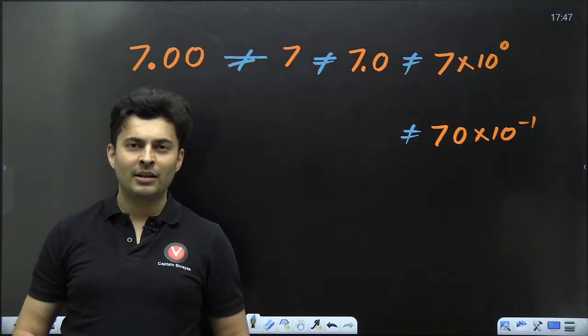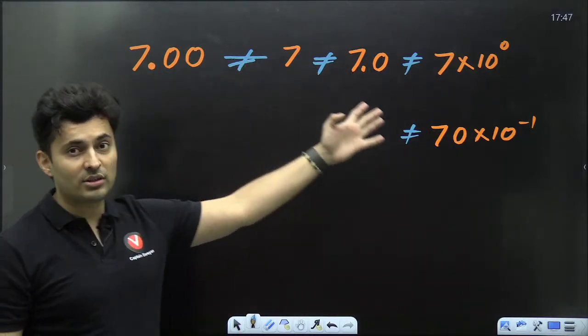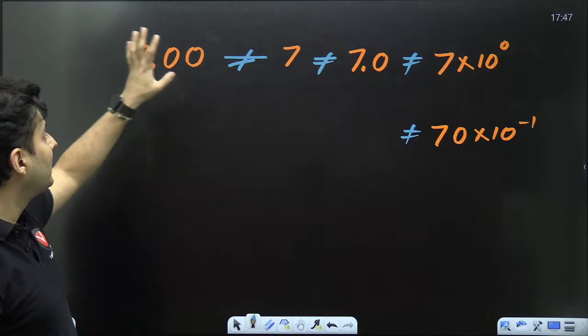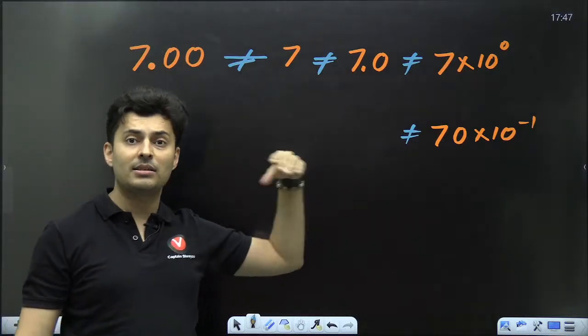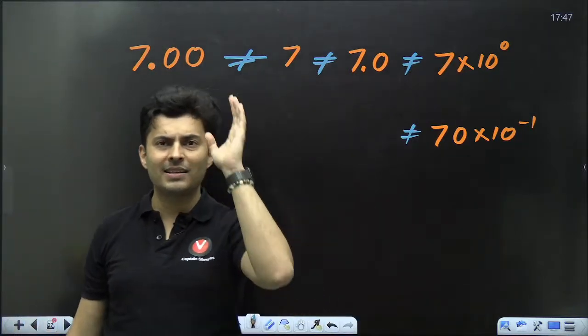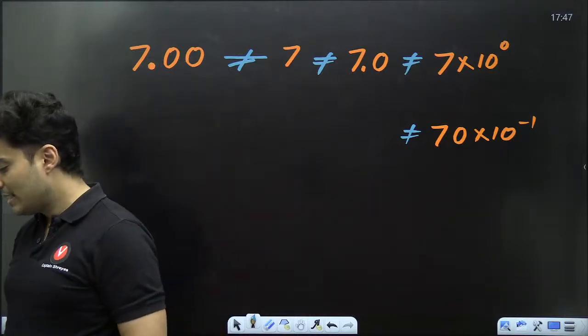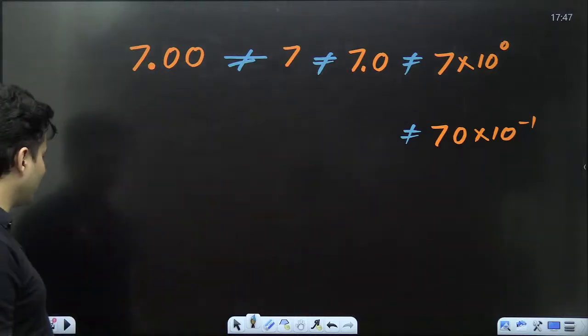You know the reason? Because some are expressed as powers of 10, some are expressed with decimals, some where the decimal places are more, some where the decimal places are less. Think about it.